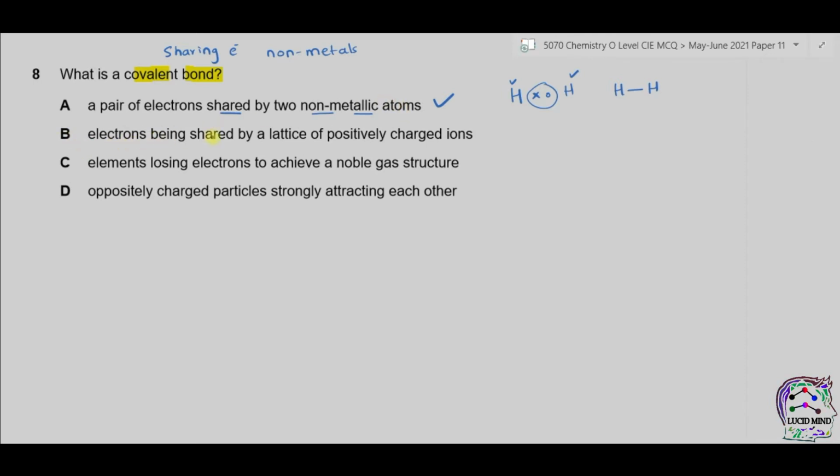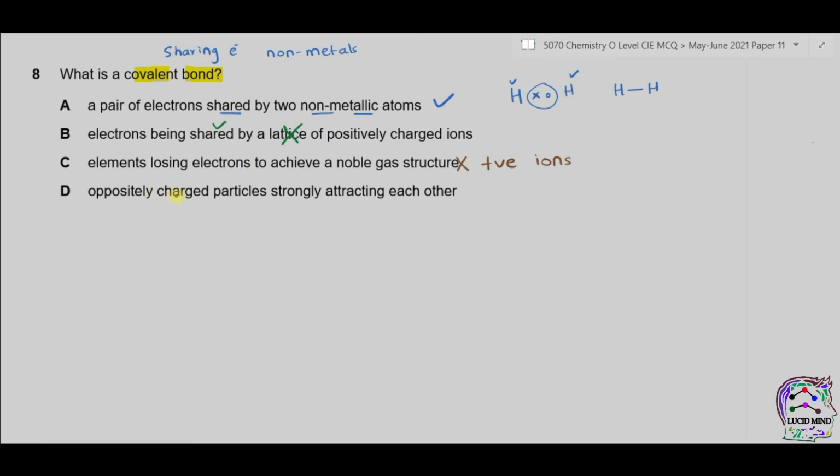Part B, electrons being shared by a lattice of positively charged ions. This is incorrect. We do not have any lattice present in a covalent bond. Part C, elements losing electrons to achieve a noble gas structure. This is the formation of positive ions, because positive ions are formed by loss of electrons and these ions are present in ionic bonding.